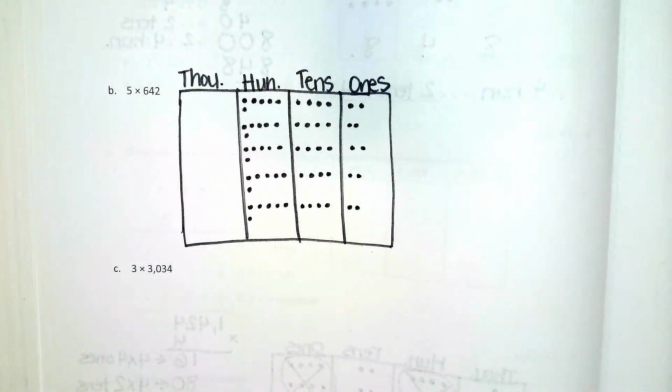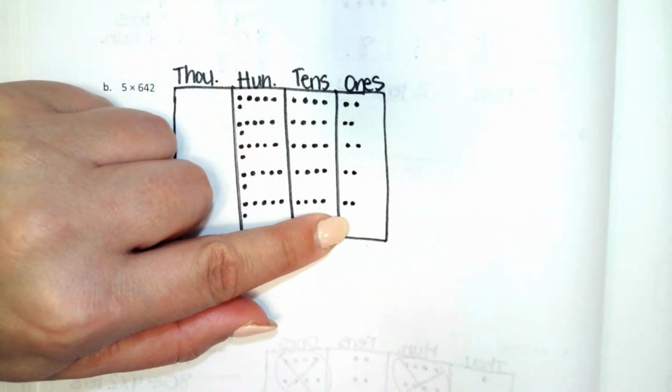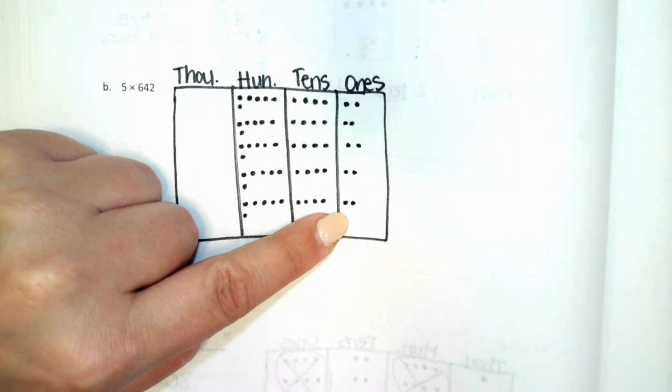I have my 5 rows. Now we need to do our bundling and composing. First, we'll start in the ones place. Let's see if we have enough to bundle and compose a 10.